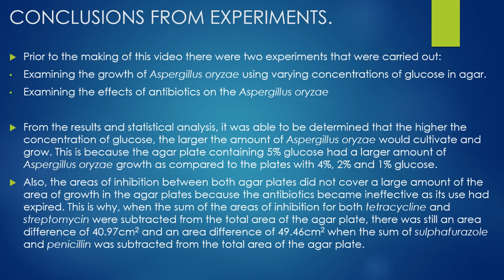Also, the areas of inhibition between both agar plates did not cover a large amount of the area of growth in the agar plates because the antibiotics became ineffective as their use had expired.